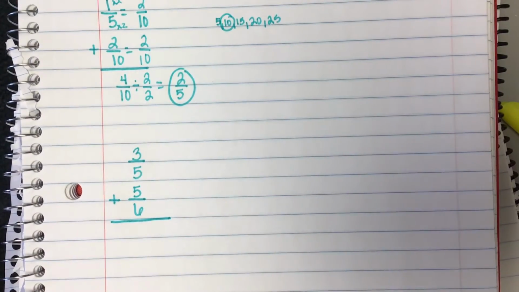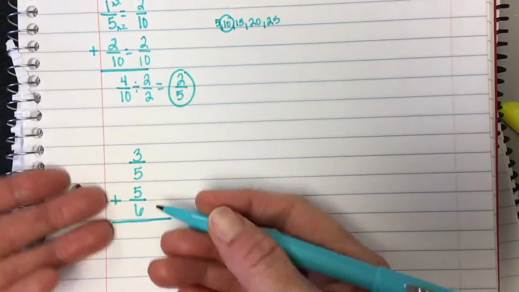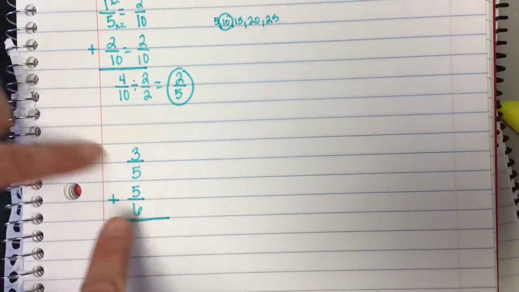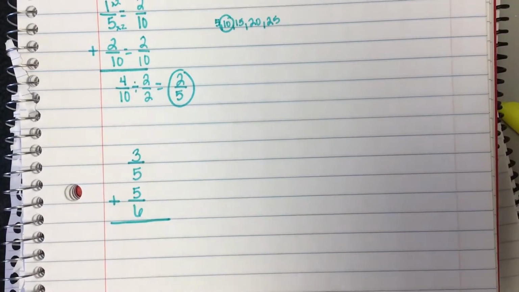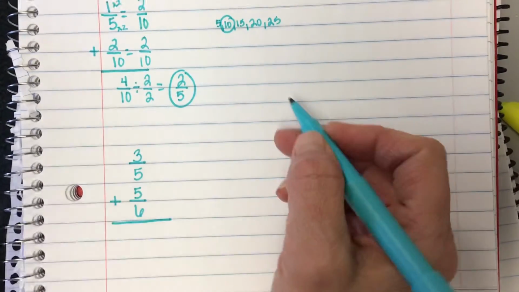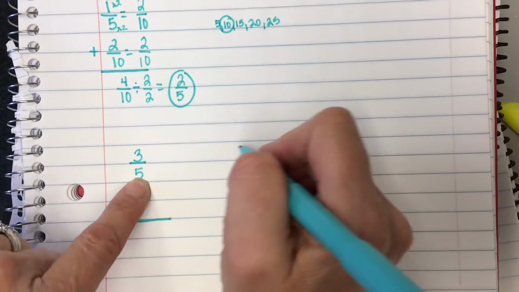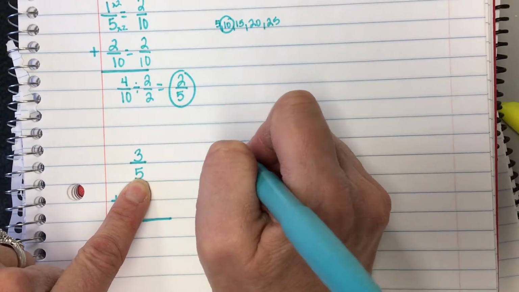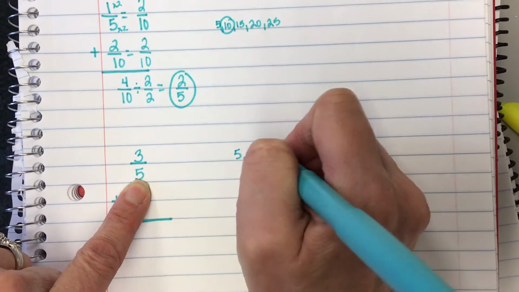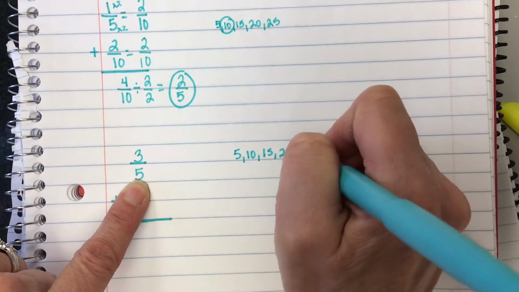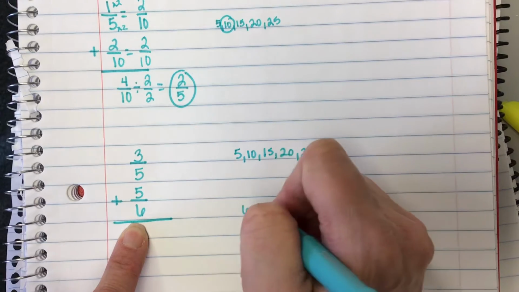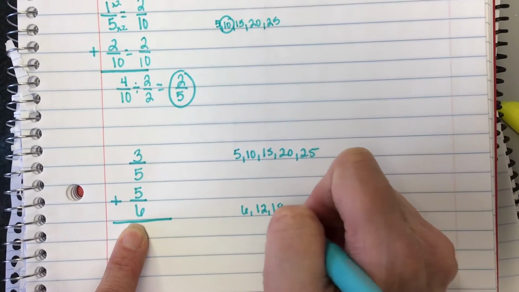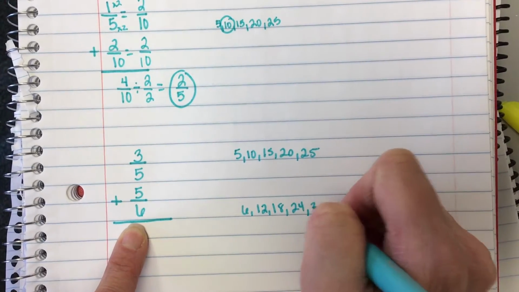First, I have to change both fractions. 5 and 6 are not multiples of each other, so I need to change both fractions. Let's either mentally or on your paper list the first 5 multiples of 5: 5, 10, 15, 20, 25. And the first 5 multiples of 6: 6, 12, 18, 24, 30.